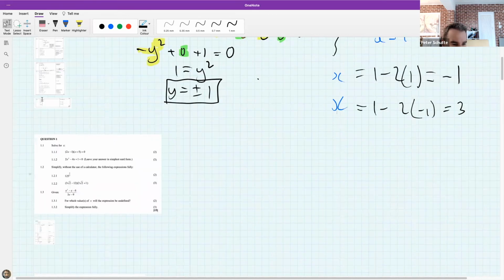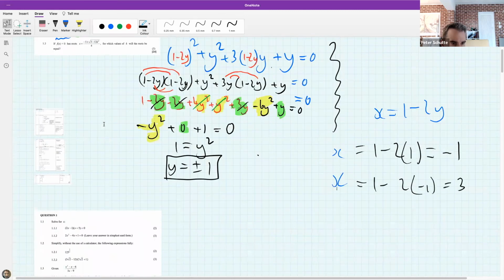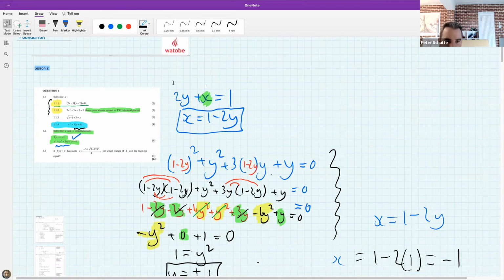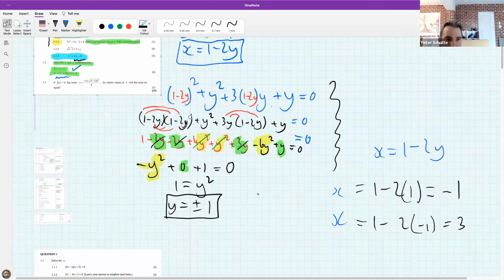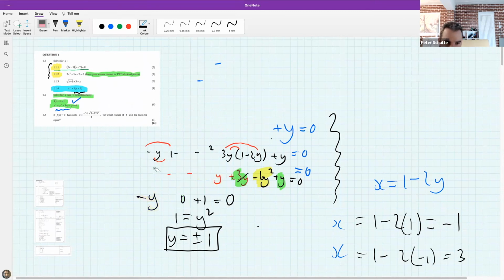Okay, let's have a look at what's called a surd equation. So let me get rid of the working out that I've done over here. Let's get rid of all this working out quickly, and we'll go to that.